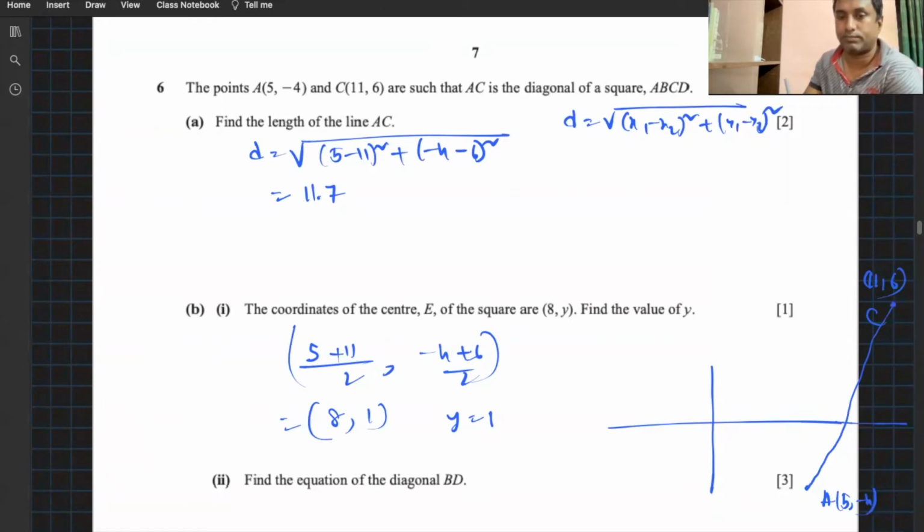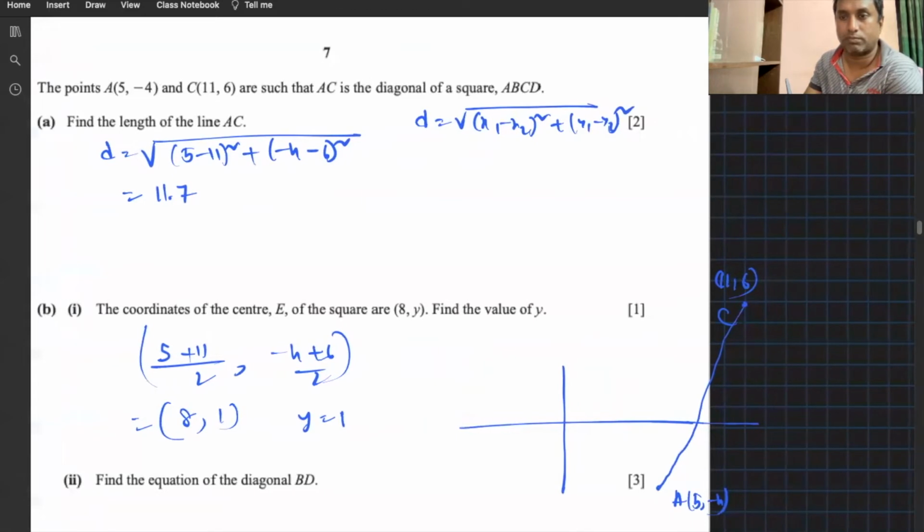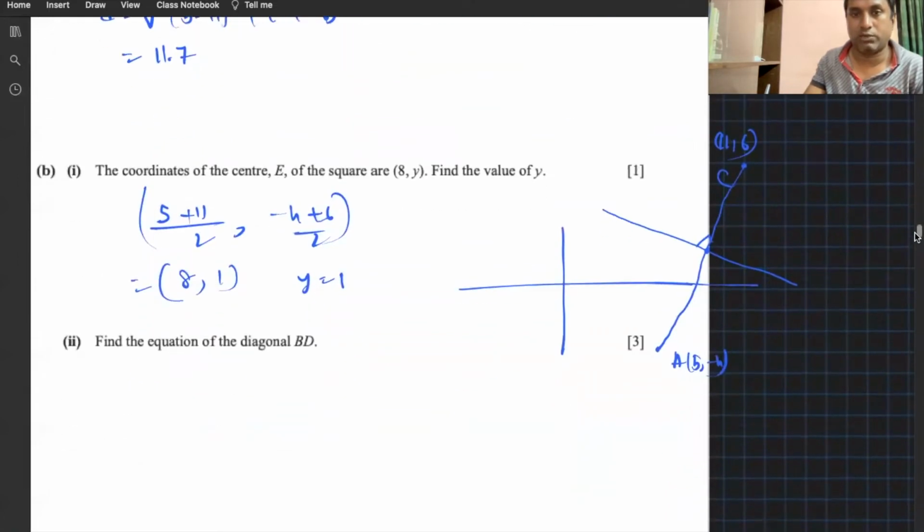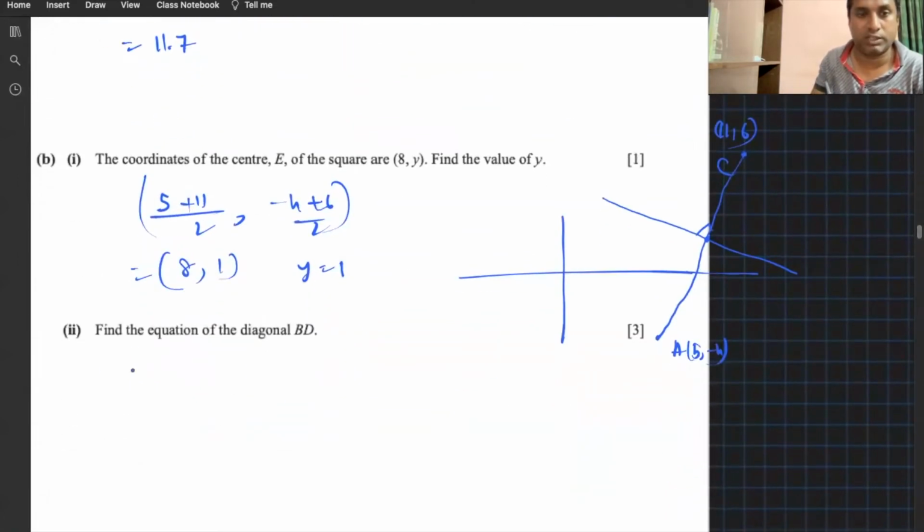Now AC is the diagonal here. E is the midpoint. This is C. Since it is a square, maybe this one is the diagonal. To find out the equation of BD, you can find out the gradient of AC.